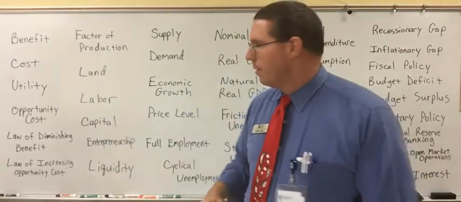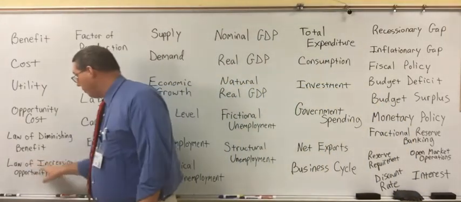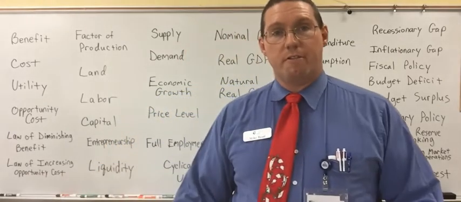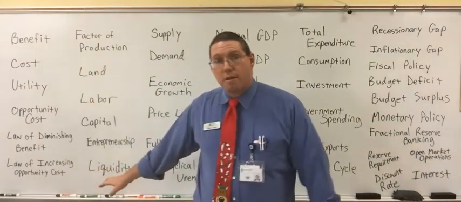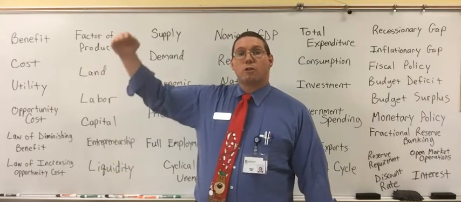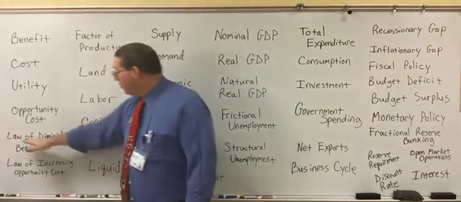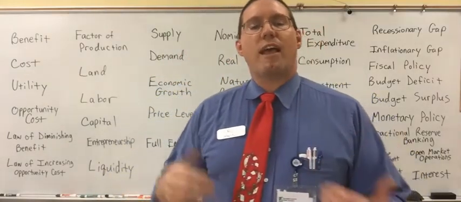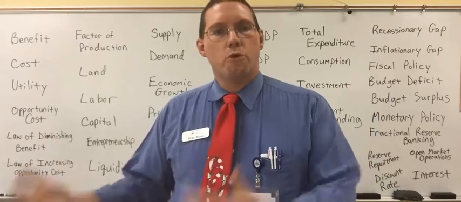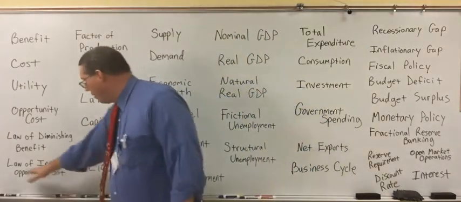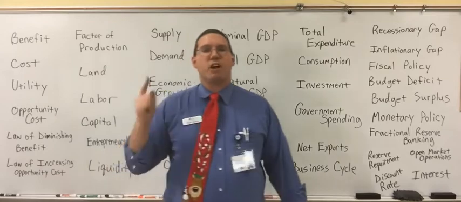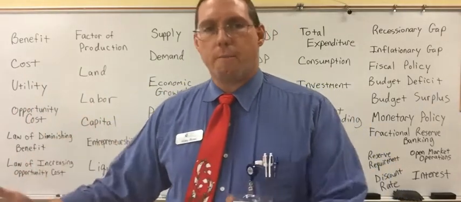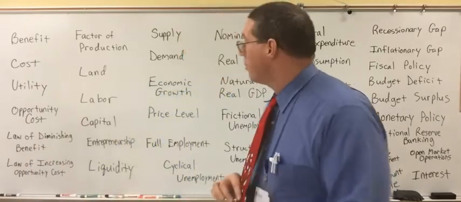However, the law of increasing opportunity cost says that the more you enact the same action or the same decision, the opportunity cost is going to become larger and larger. So generally, the law of diminishing benefit says that benefits tend to decrease the more you do something, and the law of increasing opportunity cost says that costs tend to increase the more that you do the same thing.